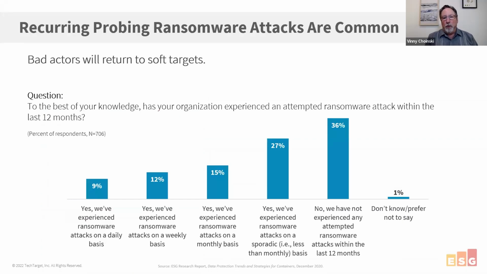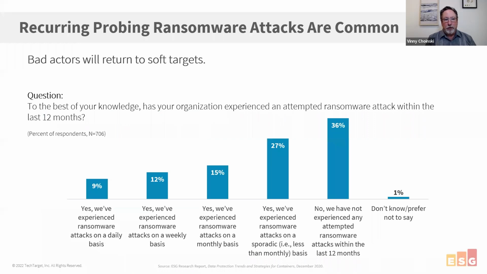So, we've been tracking the frequency of ransomware attacks, and I think this is probably in its second, maybe third iteration. And you'll see that, for the folks that we interviewed, the majority of them, I think 63%, said that they've been hit with a ransomware attack over the last 12 months.